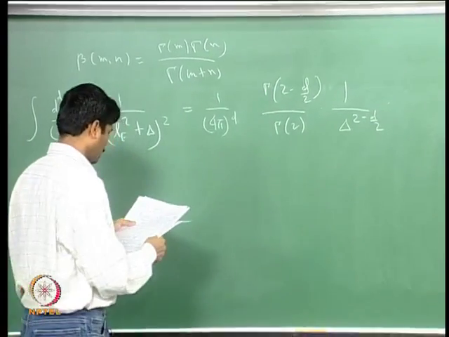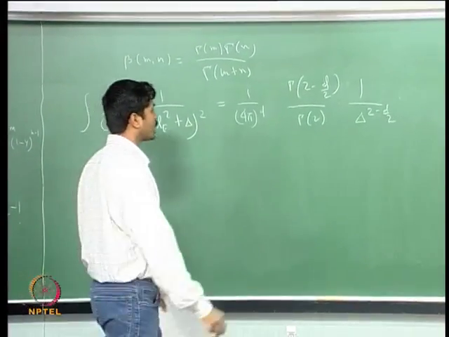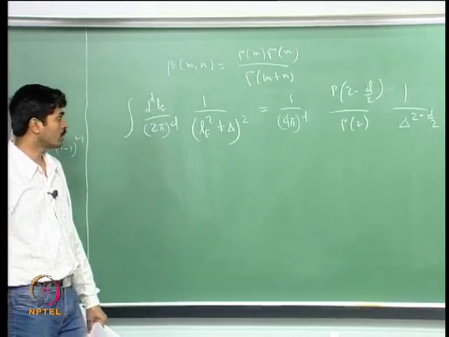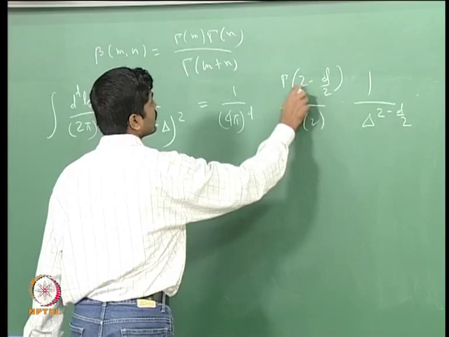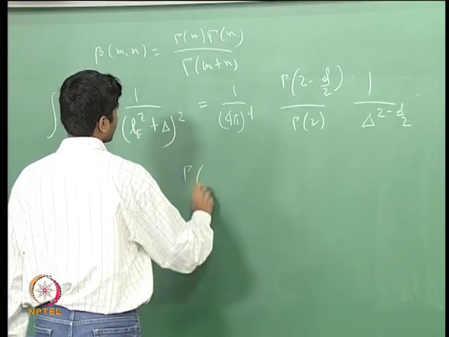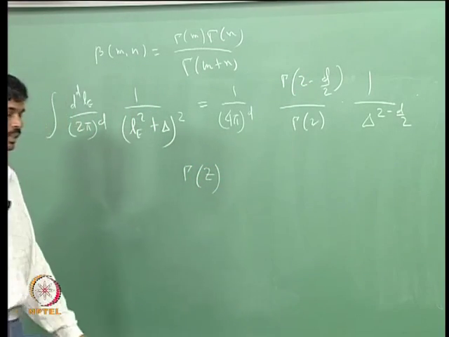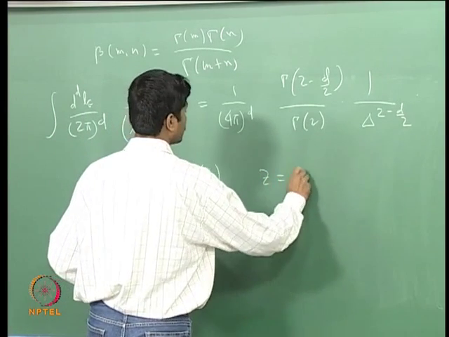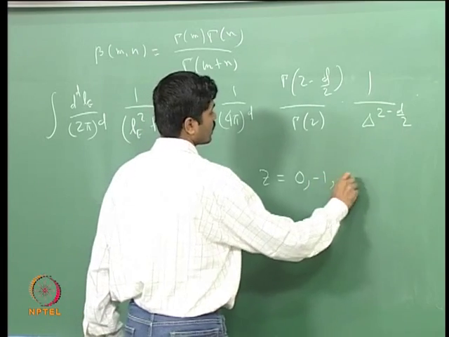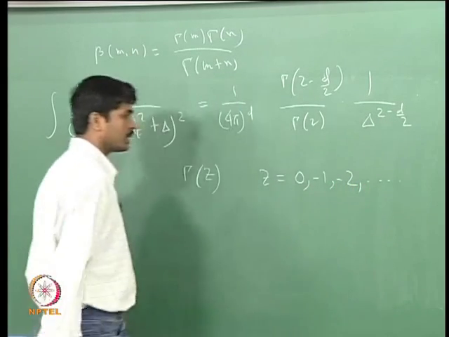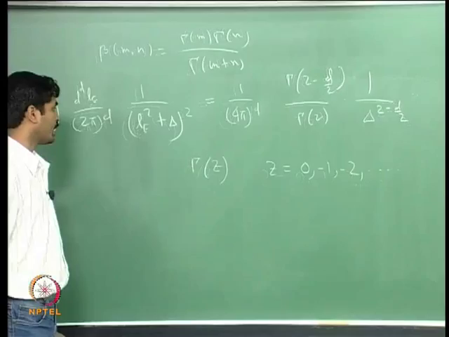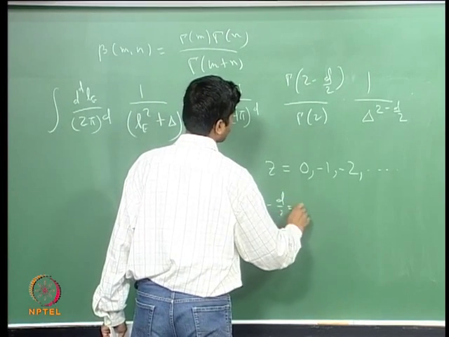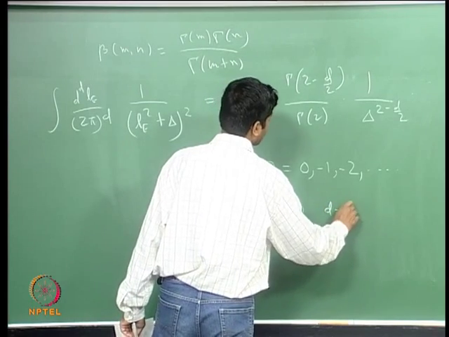So, this is what you will get, and then you can now see where the divergence is, because if you just consider gamma of z, it has isolated poles when z becomes 0 or -1 or -2, any of the negative integers, and z equal to 0 corresponds to 2 minus d by 2 equal to 0 or d equal to 4.